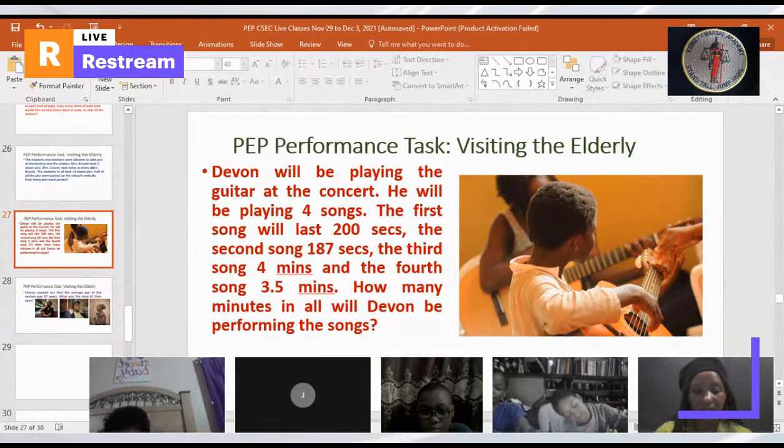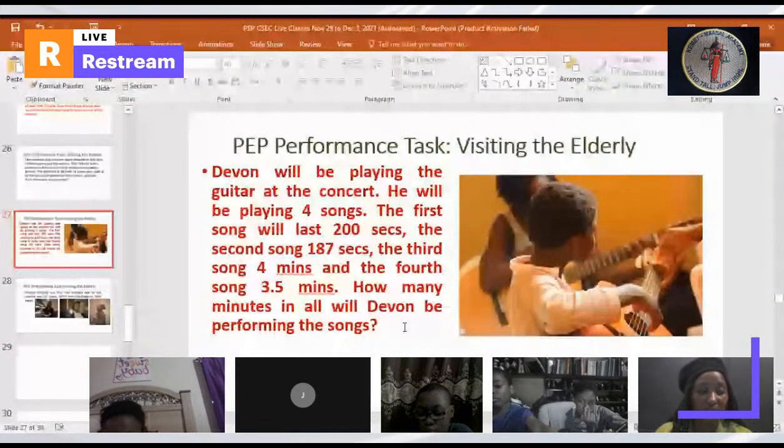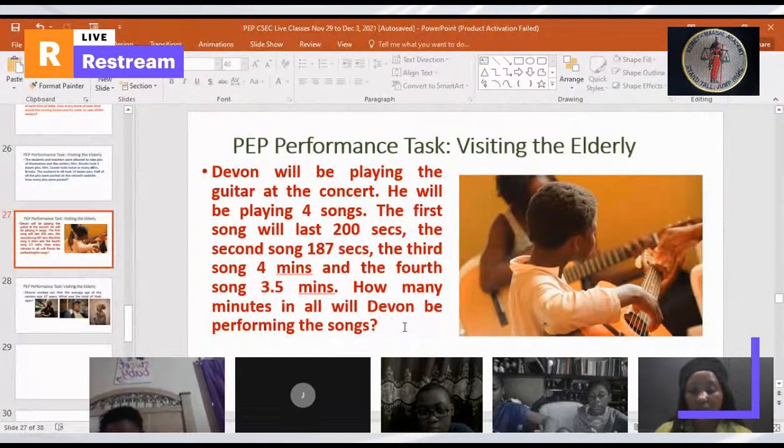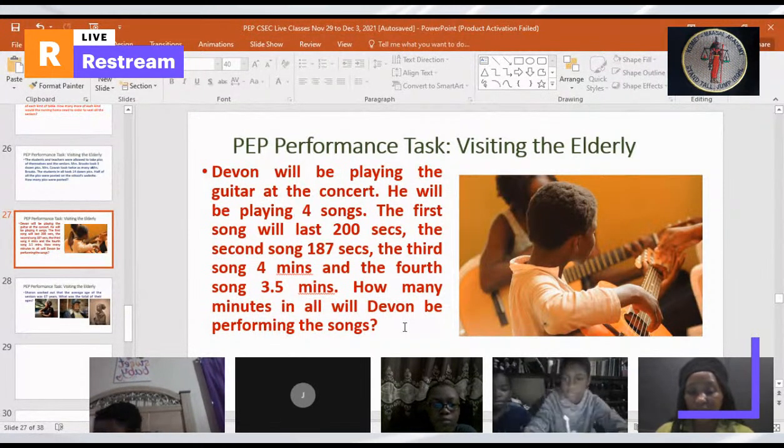Yes, 60 seconds make a minute. So 4 times 60 is 240. And the 3.5 minutes would be 3 times 60 is 180 plus half a minute is 30, so that's 210.